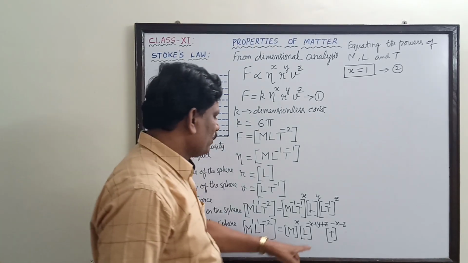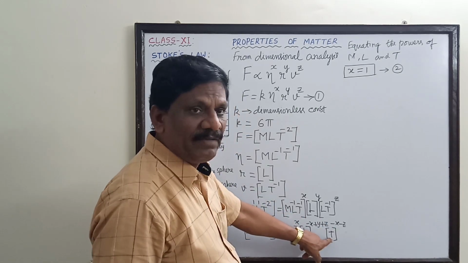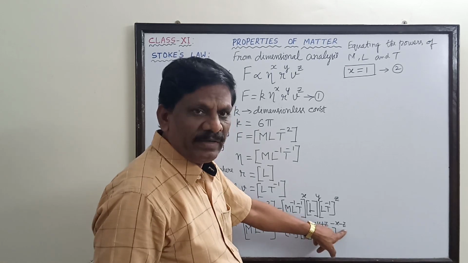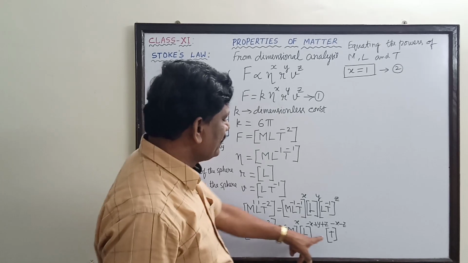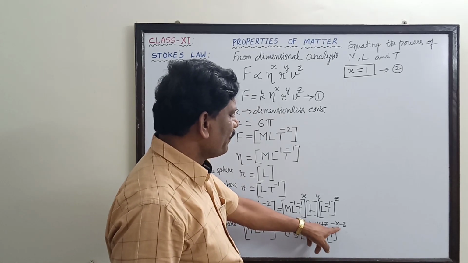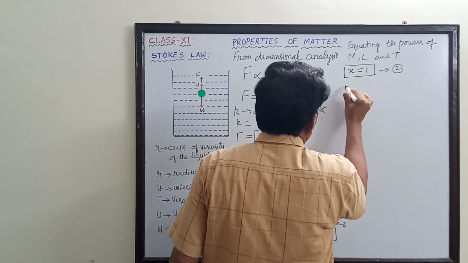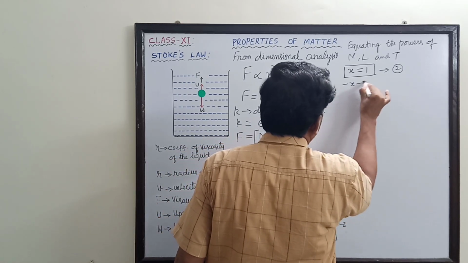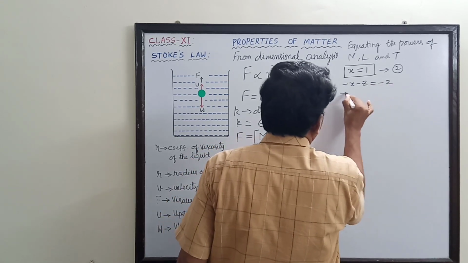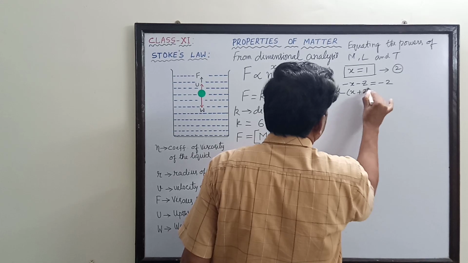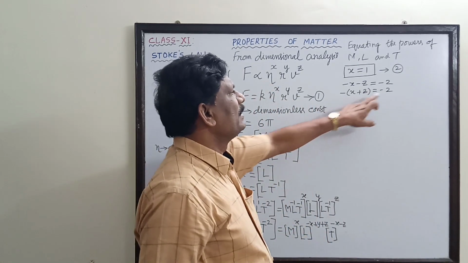Similarly, next I will first take the value of T. Here there are only two variables, isn't that? The left side is T power minus 2 and the right side is T power minus x minus z. So I will write minus x minus z is equal to minus 2. Minus of x plus z is equal to minus 2, so x plus z is equal to 2.